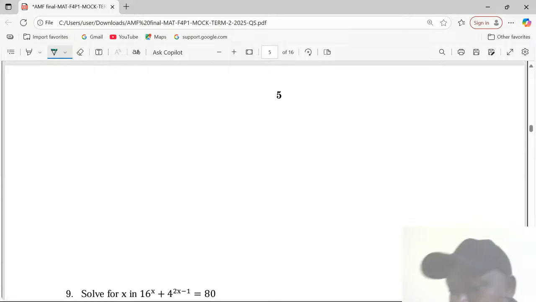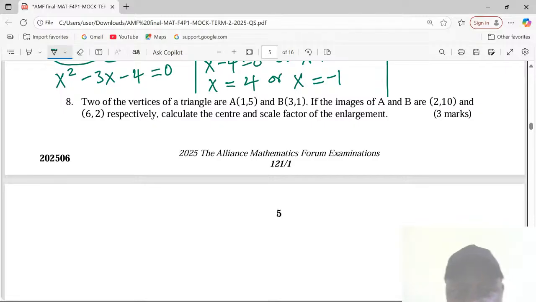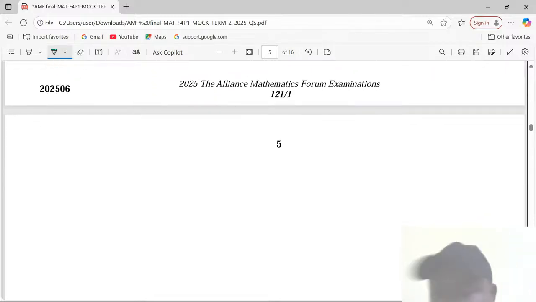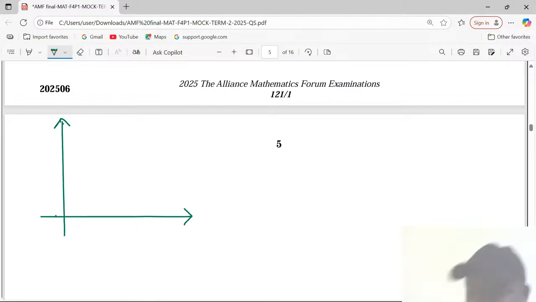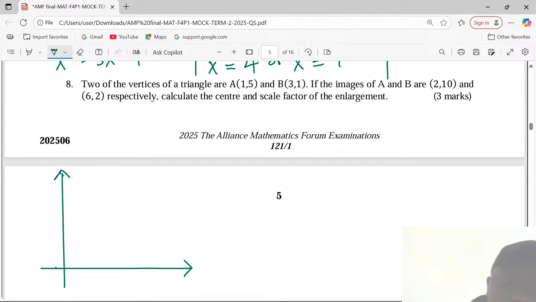There are very many concepts that we can apply to arrive at the center and the scale factor, but allow me to apply a very interesting concept here. Assuming that we have a center somewhere, we don't know where the center is. But we know that we can connect A to A prime using a straight line.